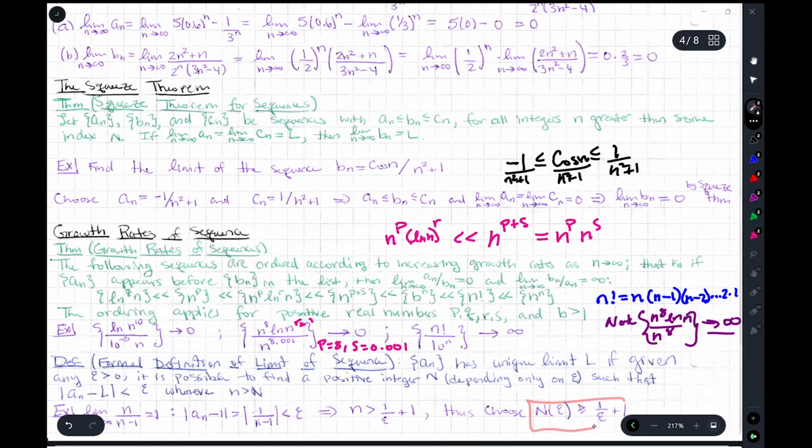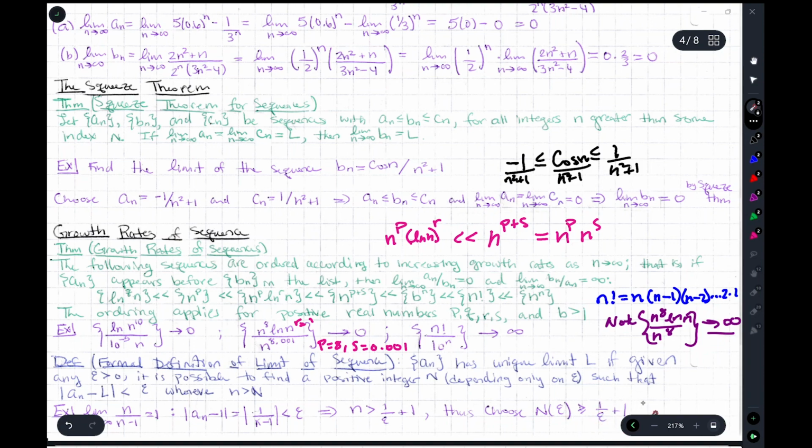And so we'll take that capital N to equal this. Remember, N depends on epsilon. So if you want all your terms to be less than 0.00001 difference from 1, you'll just have to ensure that the terms you're looking at are greater than 1 over that small epsilon plus 1.